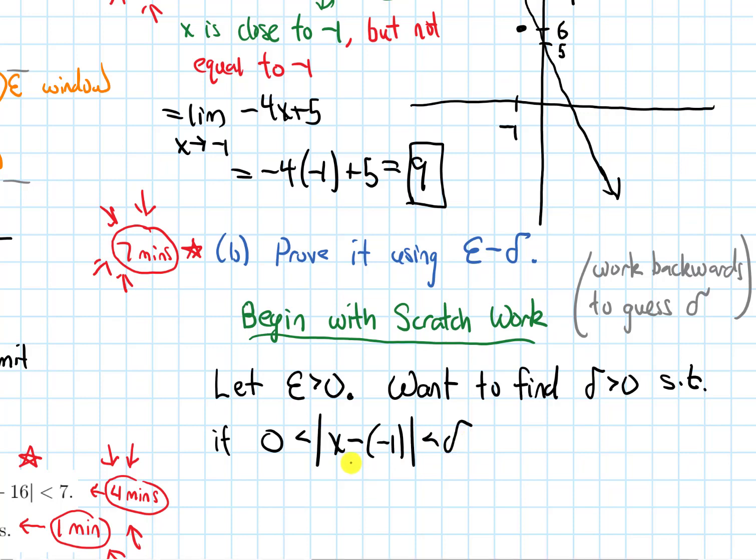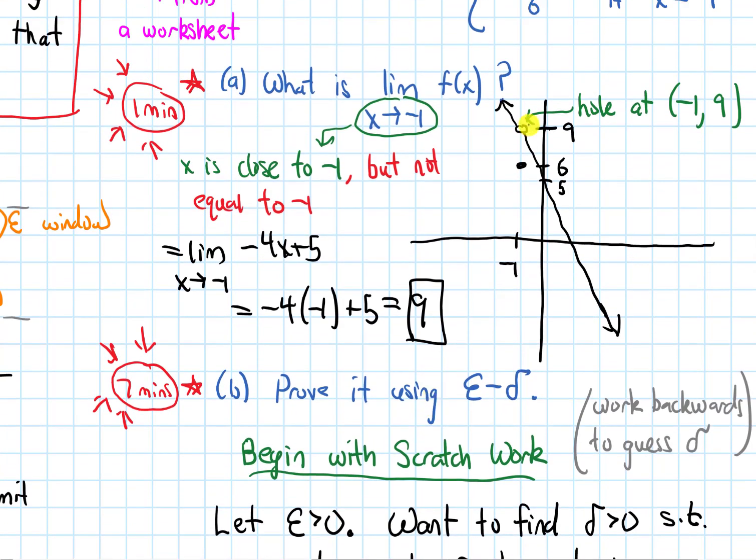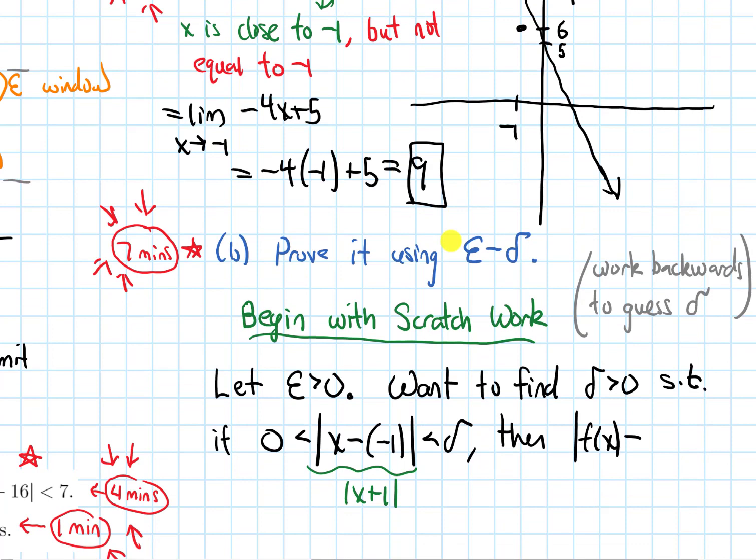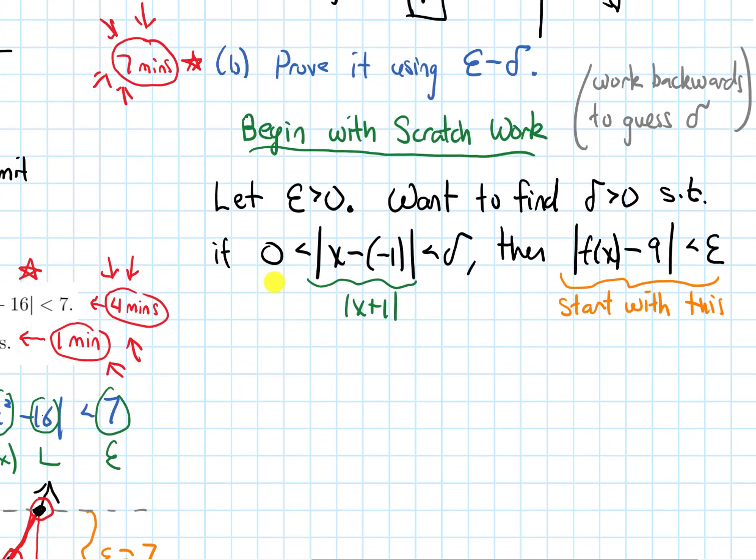So this will become absolute value of x plus 1. If that's the case, then the absolute value of f of x minus L, and based off of our picture L, the limit is 9, should be less than epsilon. And in our scratch work, instead of trying to find this delta first, we are going to start with what we're trying to get. We're going to start with this inequality being less than epsilon and work backwards.